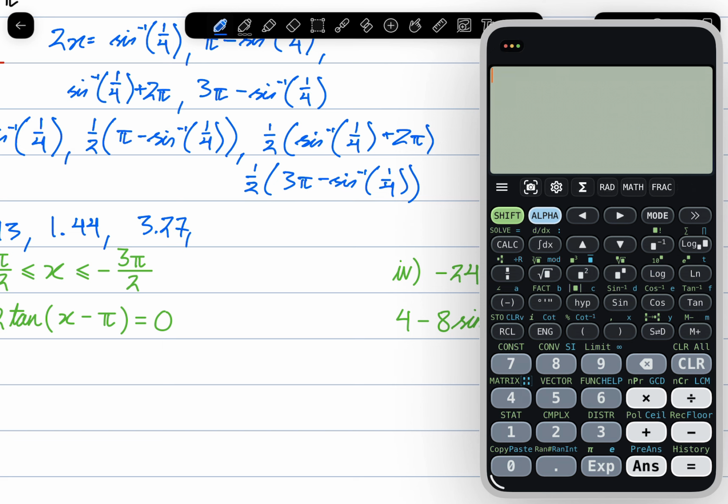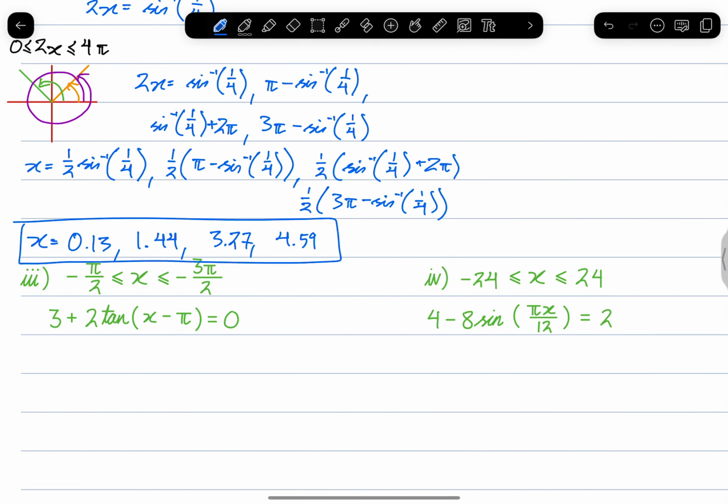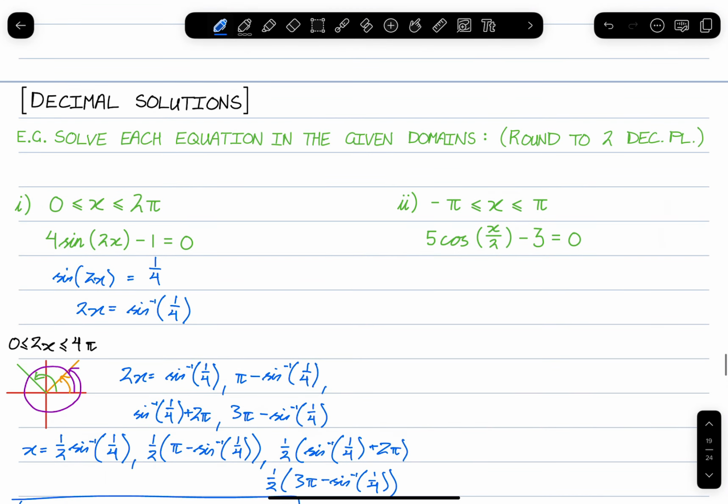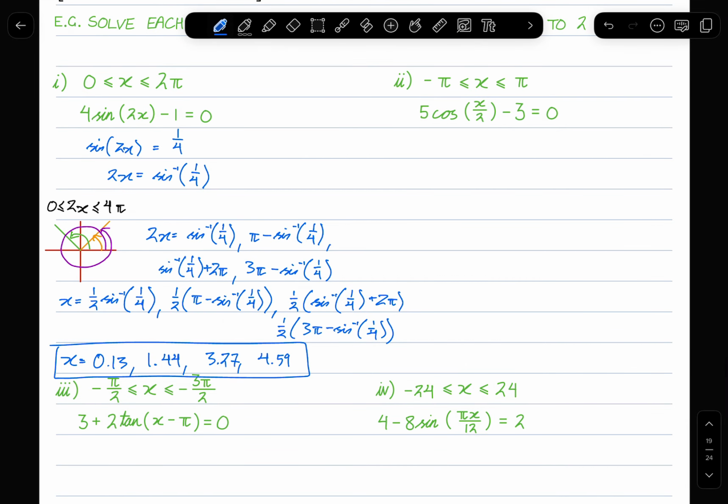And lastly, 1/2 times 3 pi minus sine inverse of a quarter. You get 4.59. And those are our 4 answers that are decimal solutions. And there we have it.